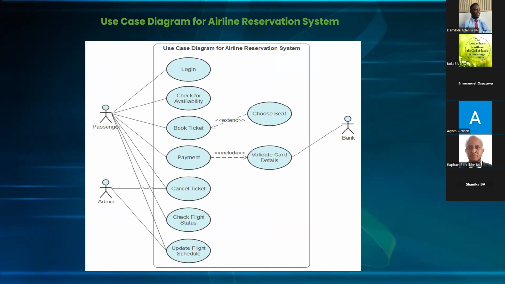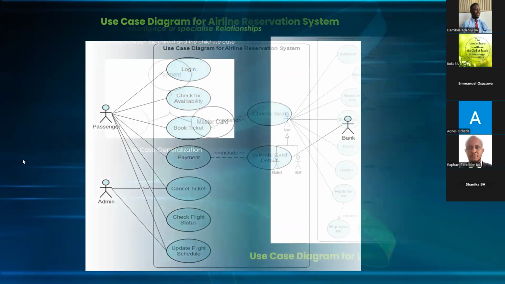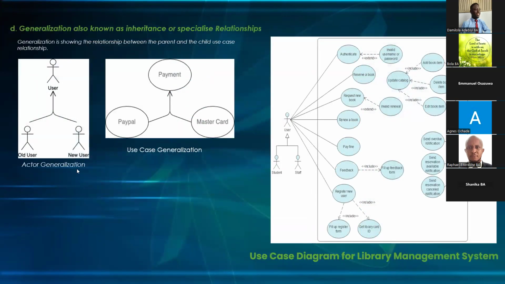Who talked about the agent? Well, I think you're the one that mentioned the agent. Yes. Customer can either be the passenger himself or the agent. So that is how we came to this generalization.